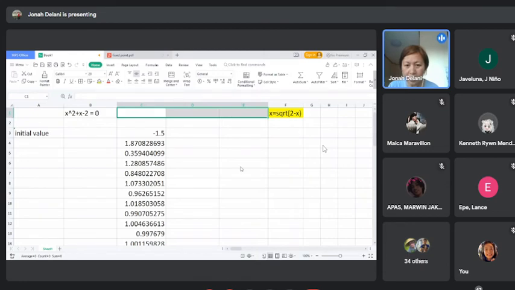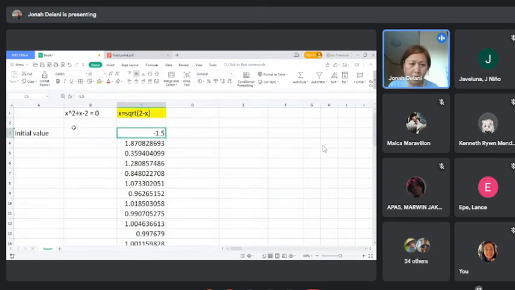You can add labels to your worksheet. You can also color it. As long as it solves, that is the important thing. Also, when we are submitting our assignment, make sure that I can see the formula. Then, the only input is the initial value.